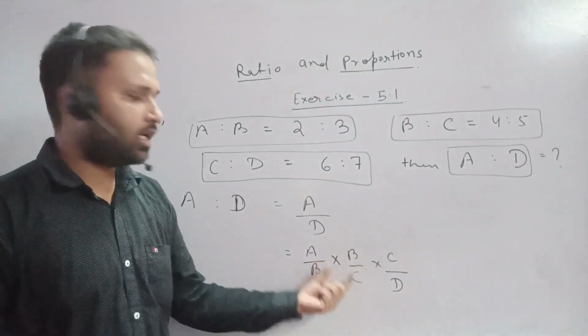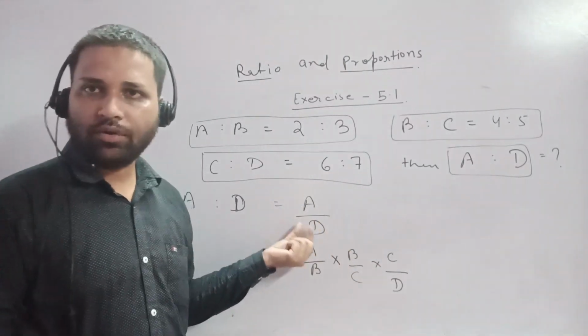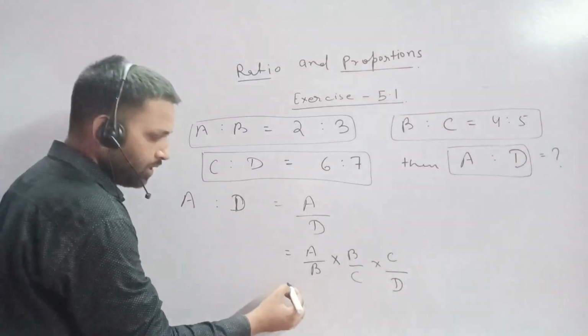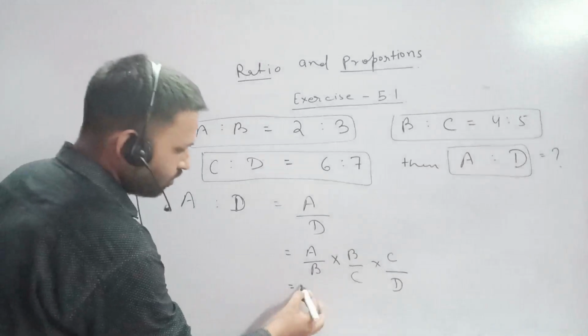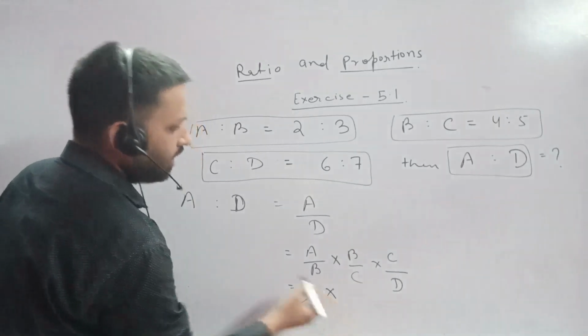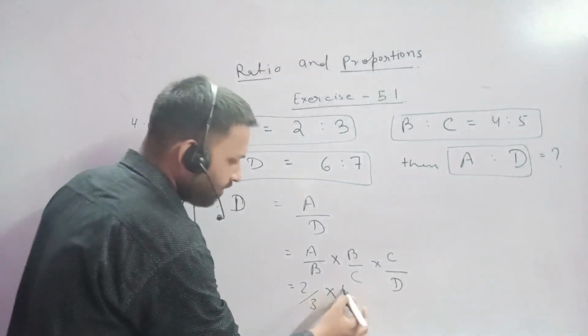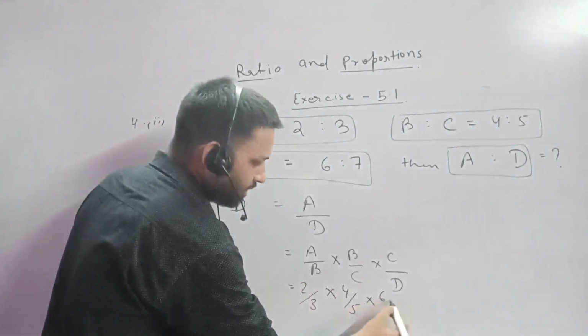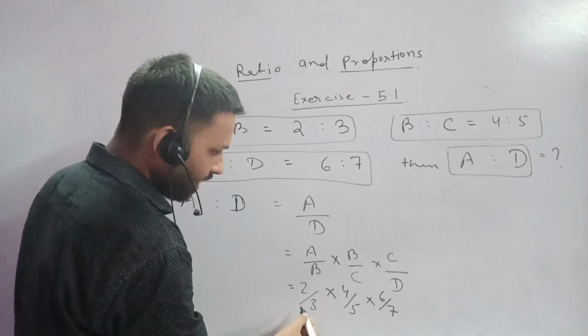It is nothing but A by D. Now you can put in all the values. What is A by B? You can write here 2 by 3, and B by C is 4 by 5, and C by D is 6 by 7. Okay, now cancel out.